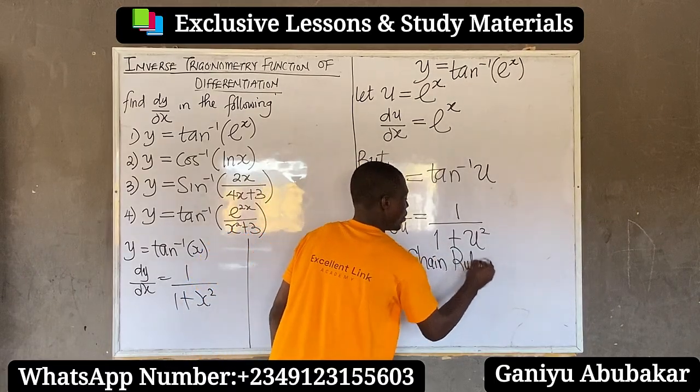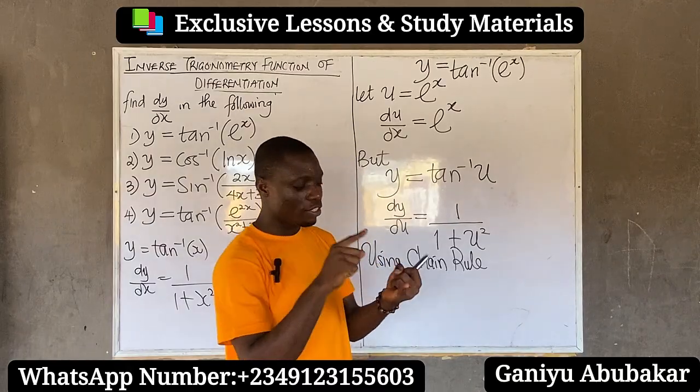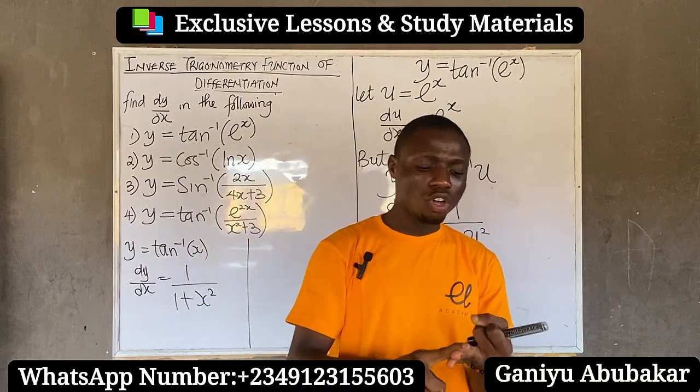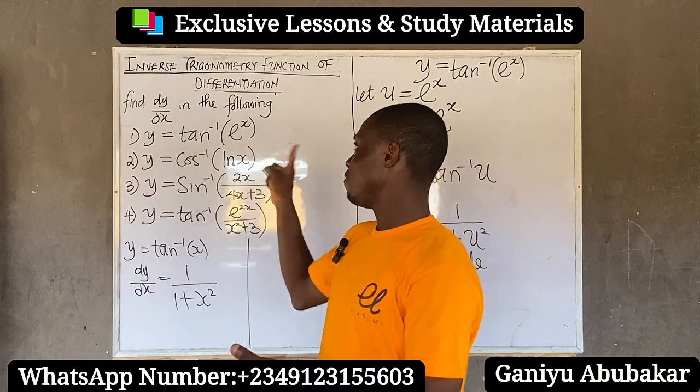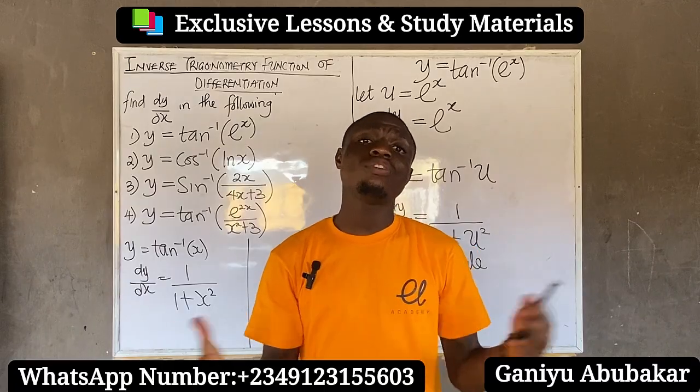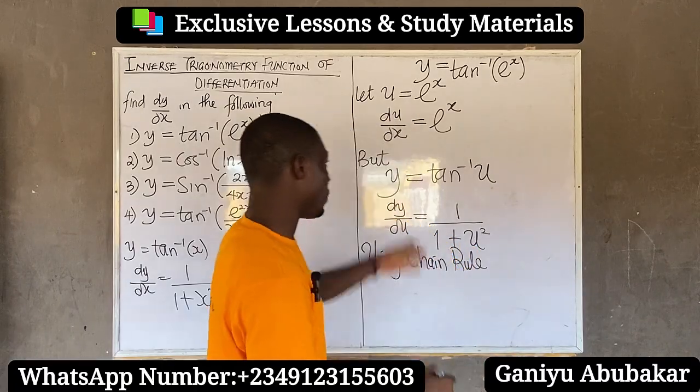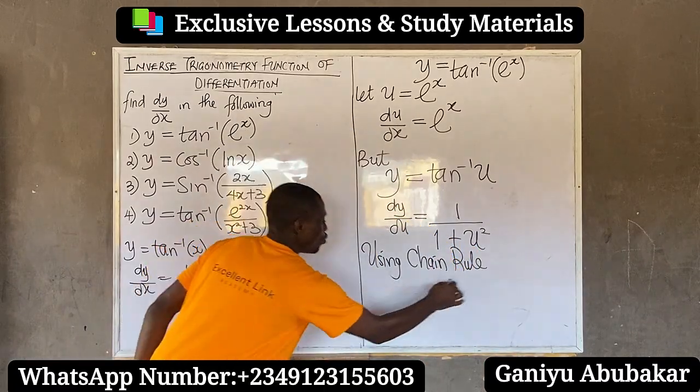I said in our previous class that for trig function, log function, exponential function, inverse trig function, you are using chain rule to get your answers. So I'm here now using chain rule. For chain rule, what do we know?